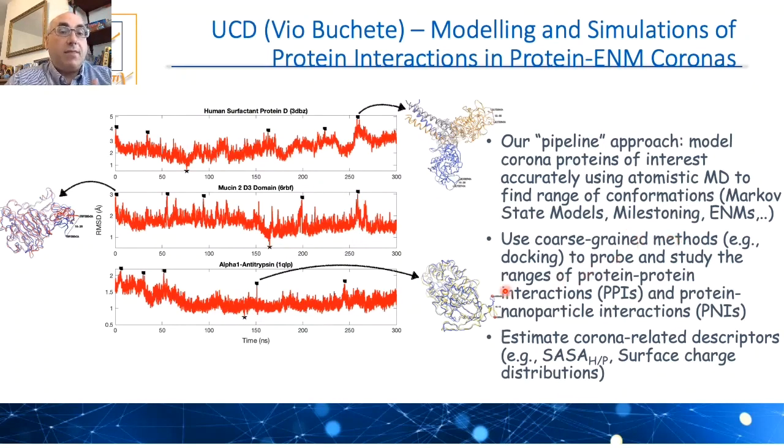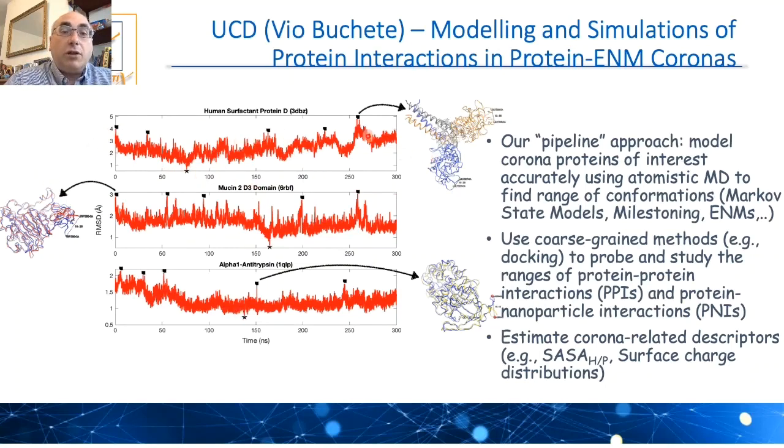These are methods that allow us, with reasonable computational resources, to calculate the conformations of proteins. I'm illustrating here the root mean squared deviation versus the simulation time for 3 of these proteins that are shown here.